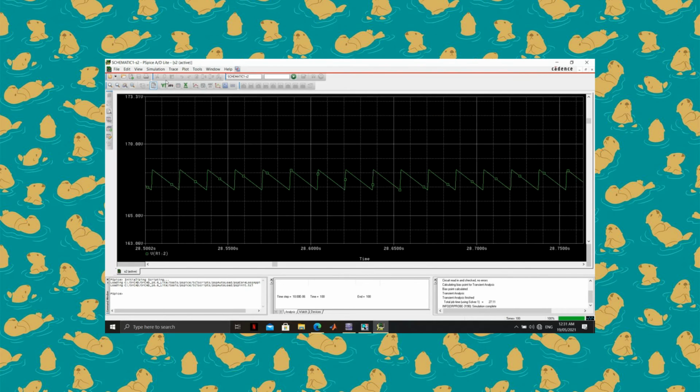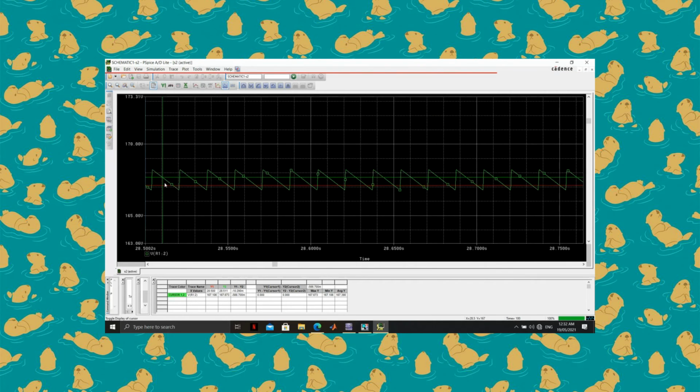We can observe the ripple voltage by the difference of the highest point and the lowest point, here at Y1 minus Y2. It can be seen that the ripple voltage is 1.3974, which is less than 1.5 volts.